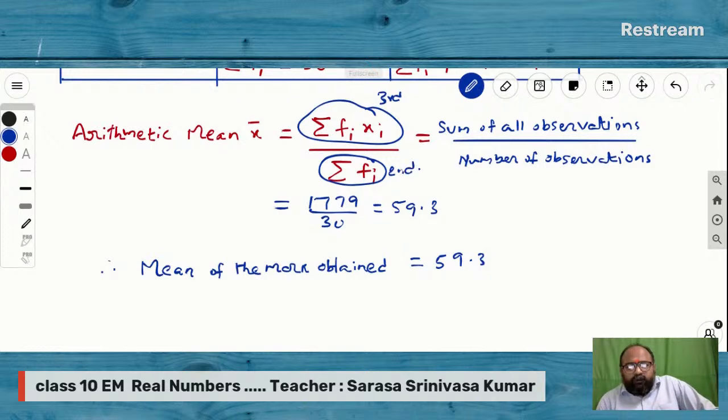The sum of all values in the third column is 1779. The sum of all values in the second column is 30, so sigma Fi equal to 30. On division we get 59.3. Hence the arithmetic mean of marks obtained is 59.3.